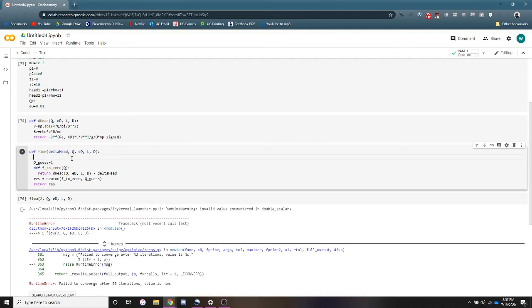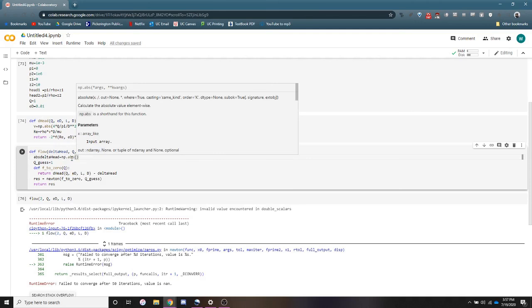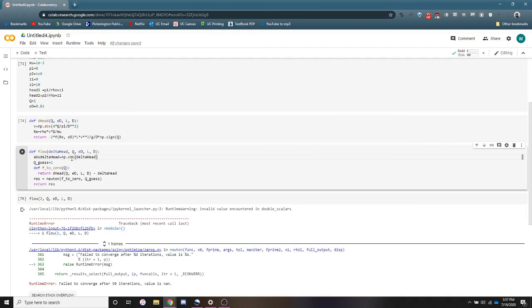So we can just call this the ABS delta head, which is equal to np.abs of delta head. Cool.